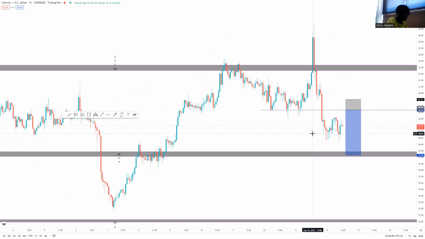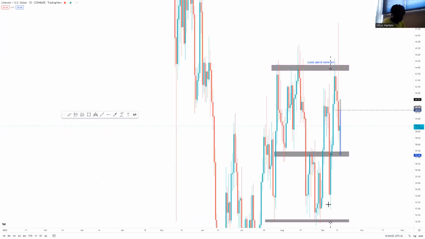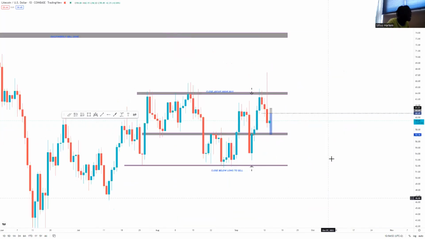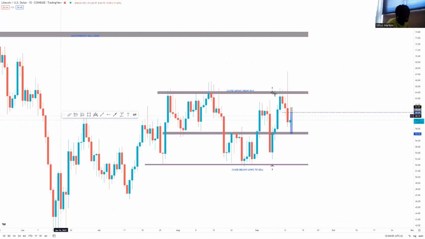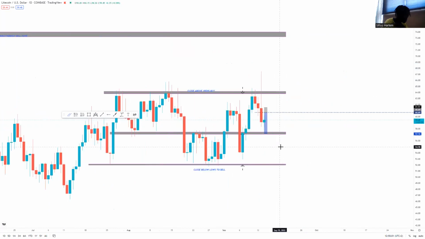What I can say on Ethereum, on Litecoin, because you always know I think a lot to lead. Price took the highs out, boom, from the daily time frame. So what you simply have to look forward to is a continuation move to the downside.